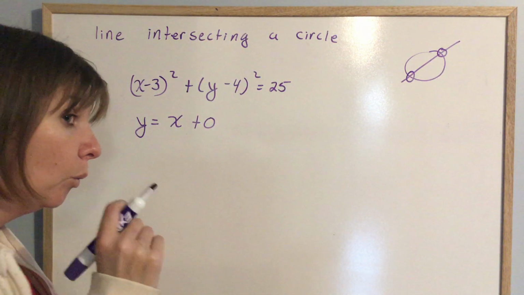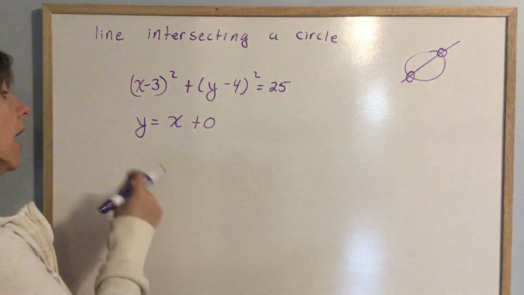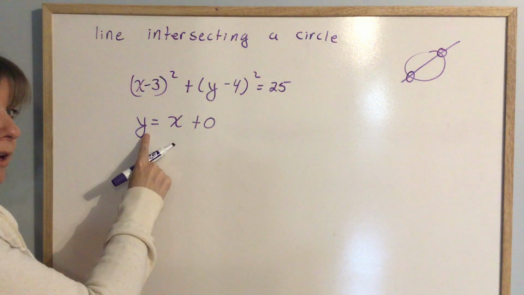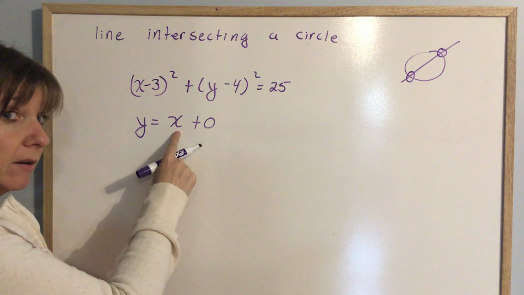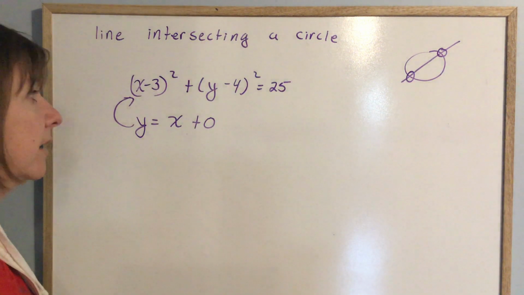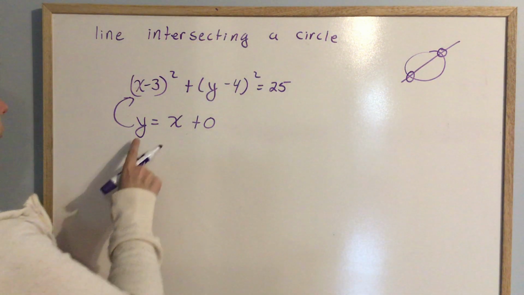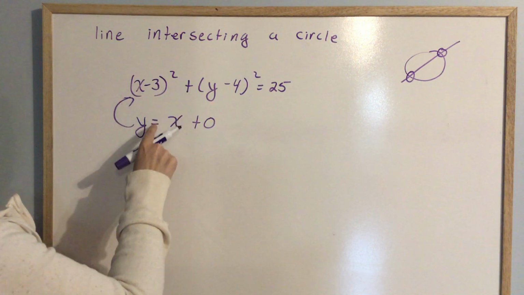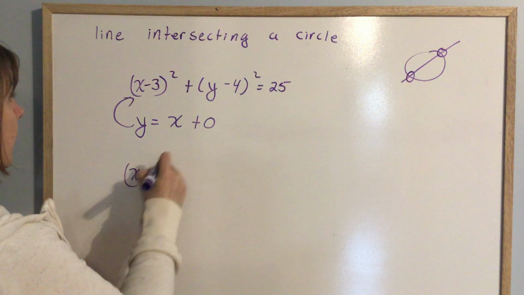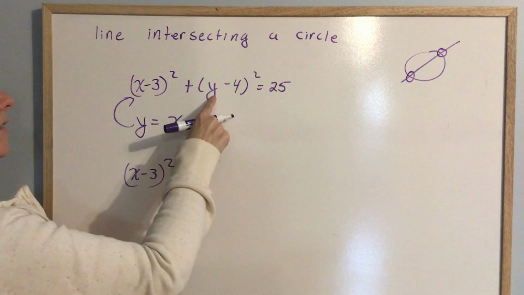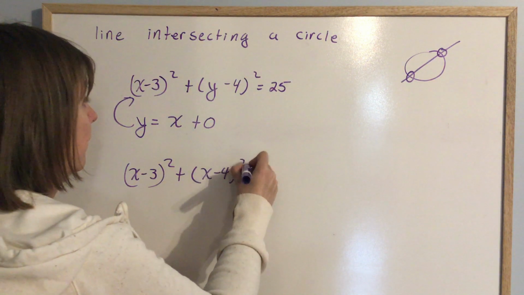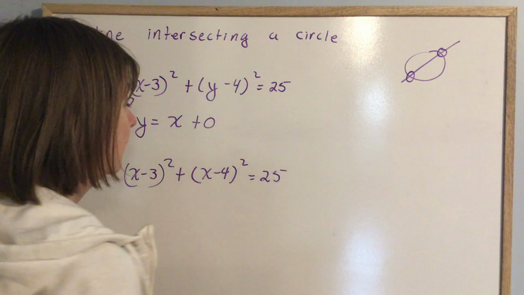What you do is you isolate one of your variables, and it just so happens it's already isolated. Y is x. You substitute that back into here. So if y is x, I will do x minus 3 squared plus, instead of putting y, I'm going to put x minus 4 squared is equal to 25.